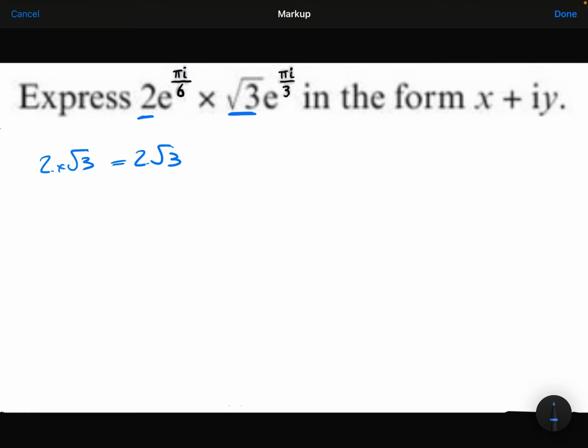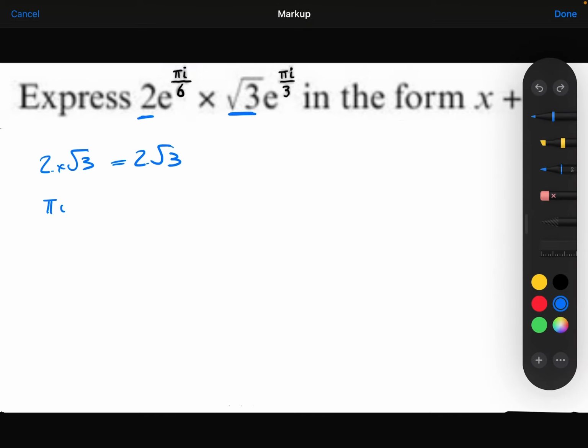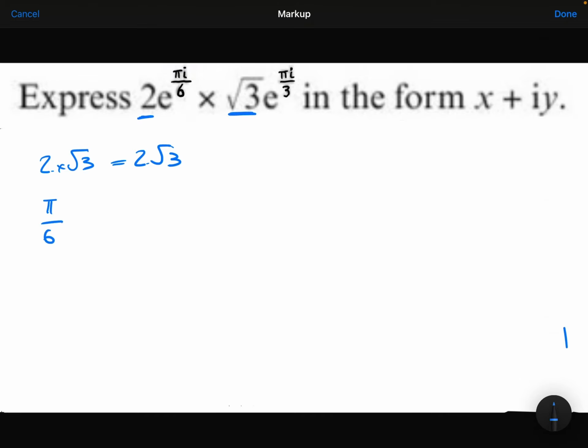I don't need to include the i here. So I'm just going to do pi over 6 plus pi over 3, which is pi over 6 plus 2 pi over 6, which is 3 pi over 6, or pi over 2. So my argument of the new number is pi over 2.